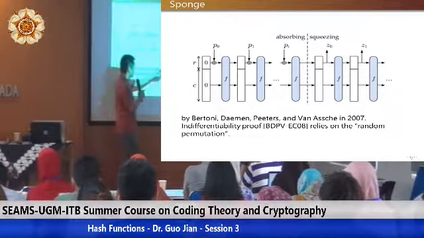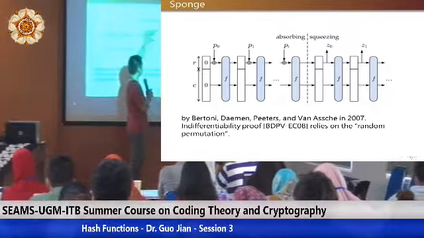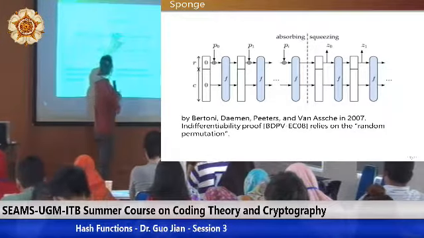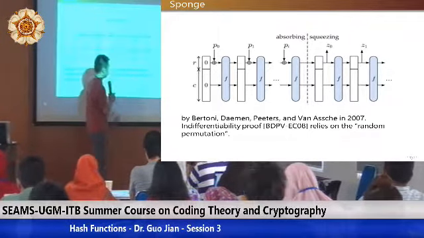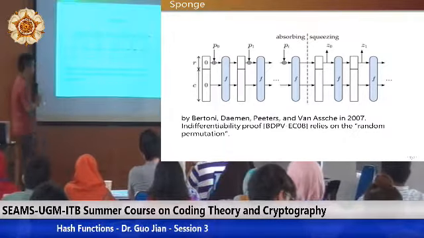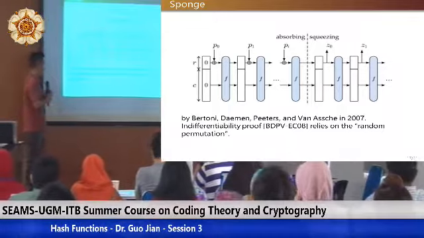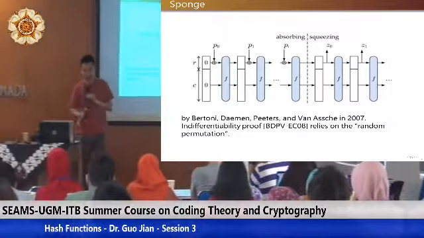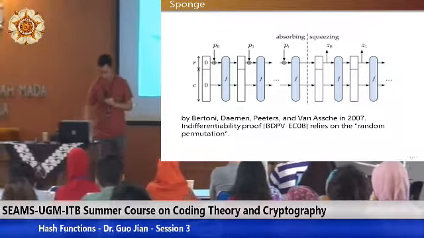And then using the first R bits value as the digest, if it's not sufficient, then you repeat the process until you get sufficiently many bits of digest. Okay, this is called sponge.